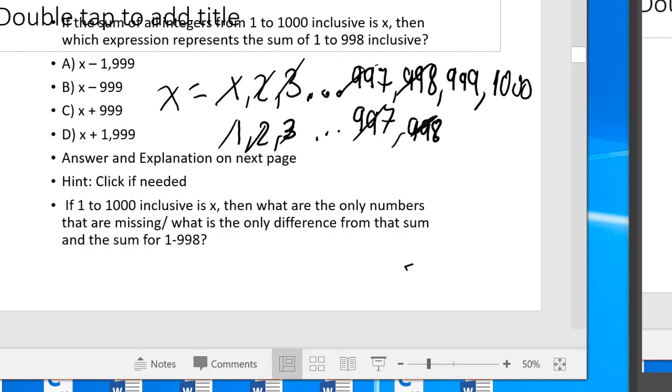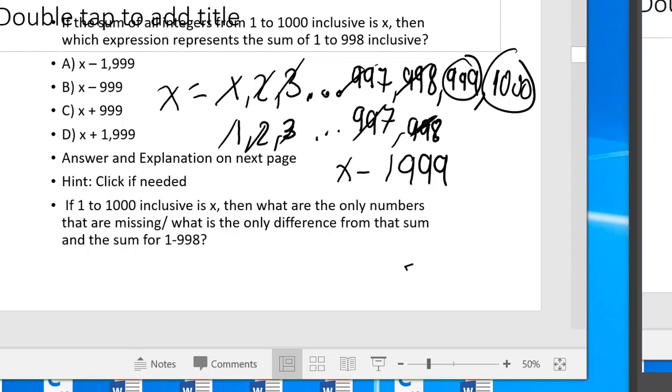If I'm going from a big number to a smaller number, am I going to have to add or subtract? Subtract. So what are the only two numbers left to subtract? 999 and 1000. So I'm going to subtract: x minus 1999. Make sense? So that problem is then done.